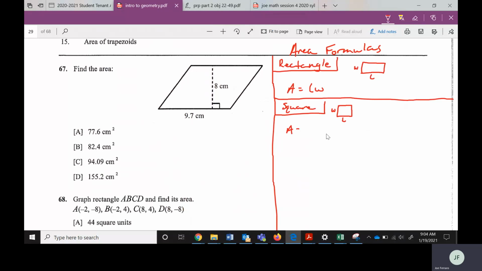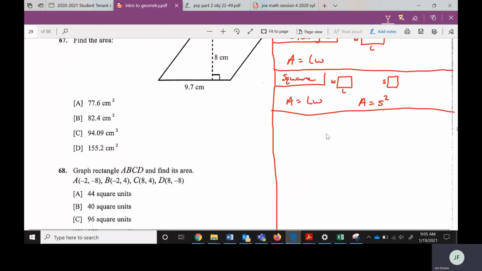So you could still say length times width, or for a square they can label one of the sides S and say the area is S squared, which means S times S. Either works because a square is a special case where all the sides are the same.